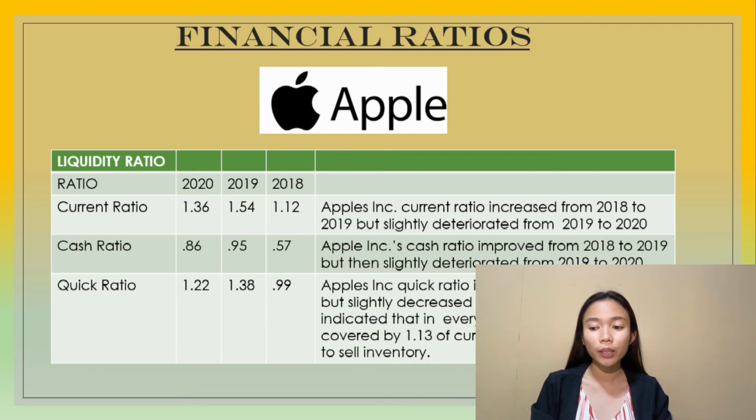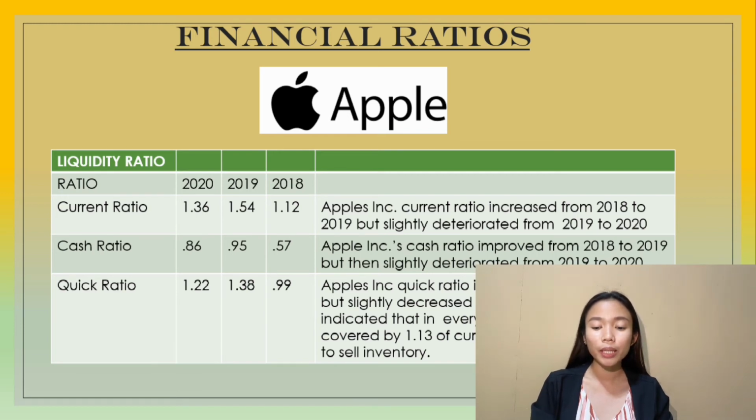Cash ratio means that only cash and cash equivalents are taken into consideration. So as to Apple, its cash ratio improved from 2018 to 2019, but then slightly deteriorated from 2019 to 2020. And lastly is the quick ratio.